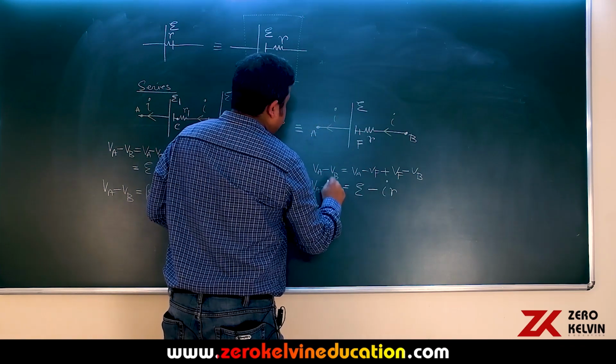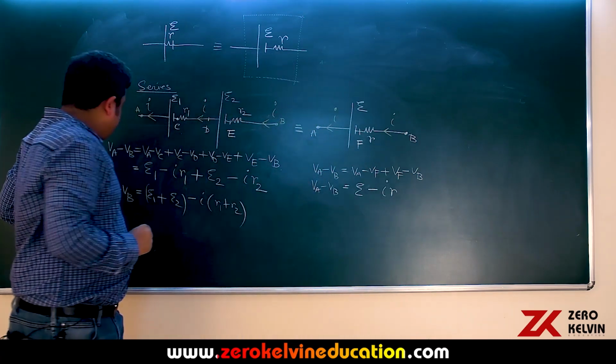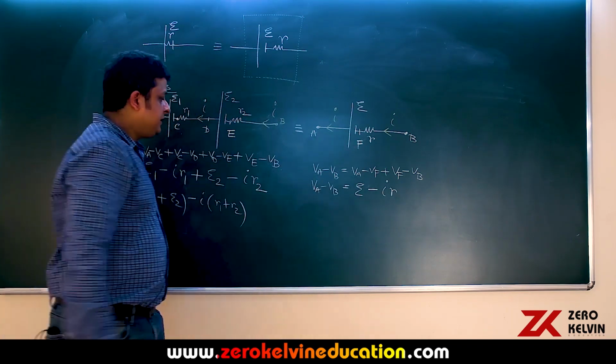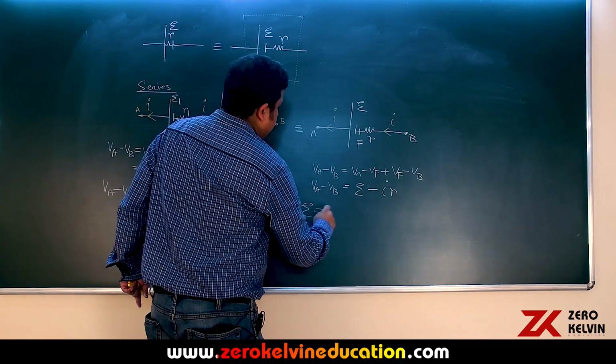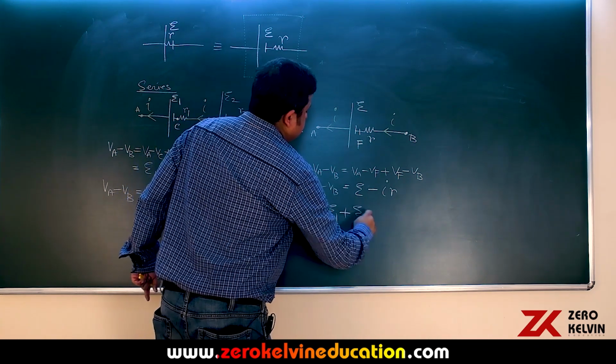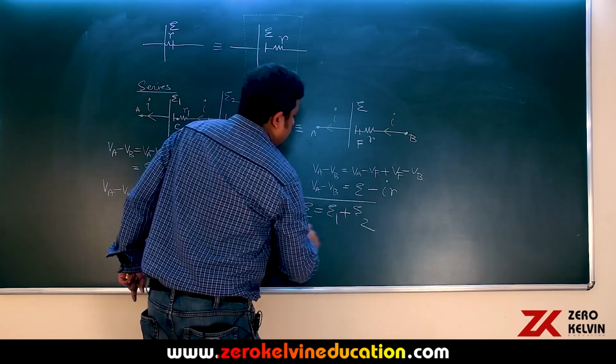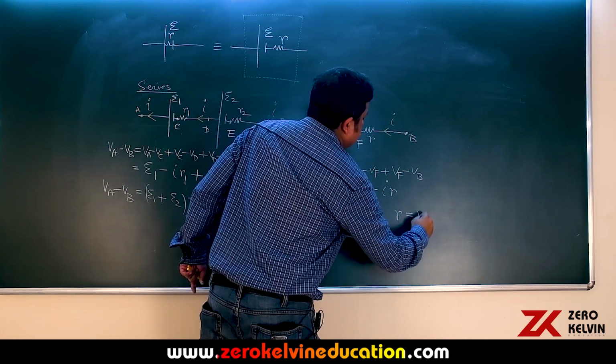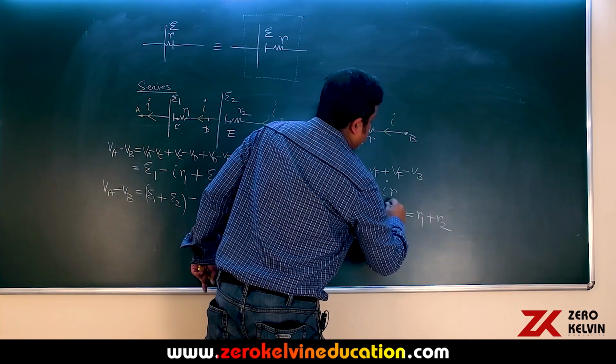That is VA minus VB. Now, we can compare this equation and this equation. So, what do you get? This E is equal to E1 plus E2 and the resistance R is equal to R1 plus R2.